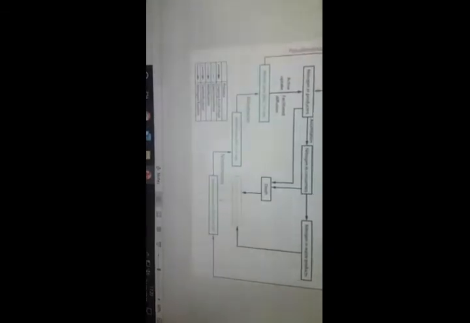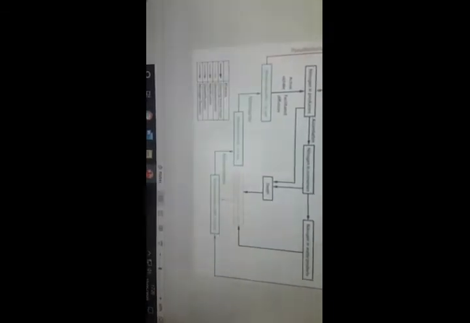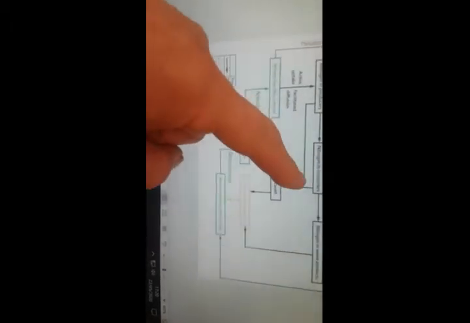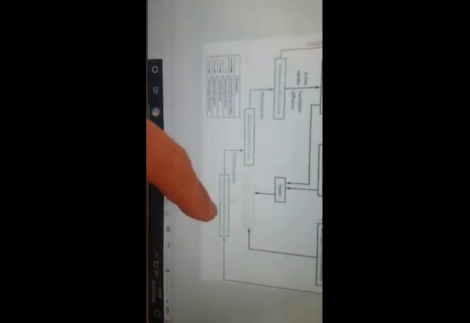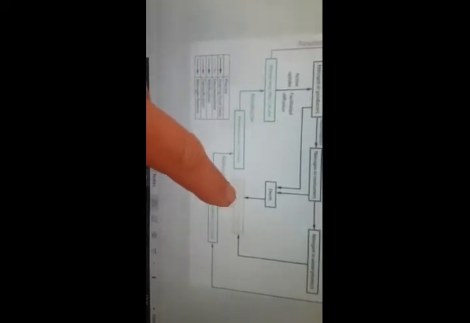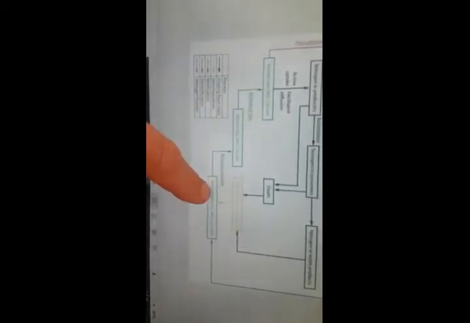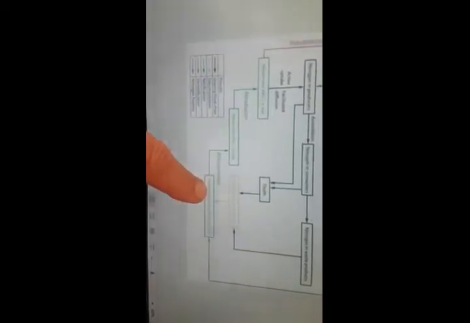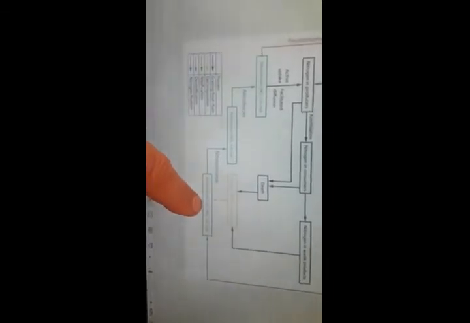The proteins and amino acids in these organisms, the nitrogen containing compounds, are also broken down by decomposers, but this time they're broken down into ammonium ions by the decomposers.